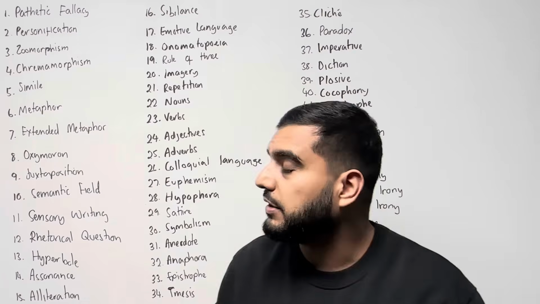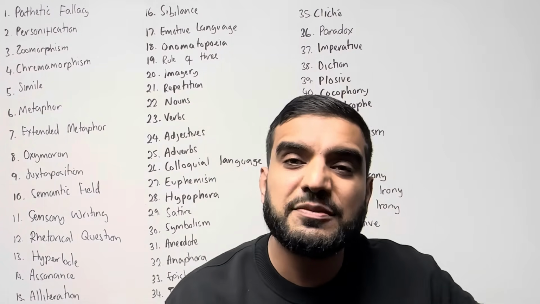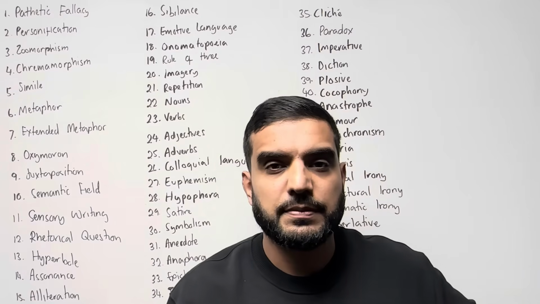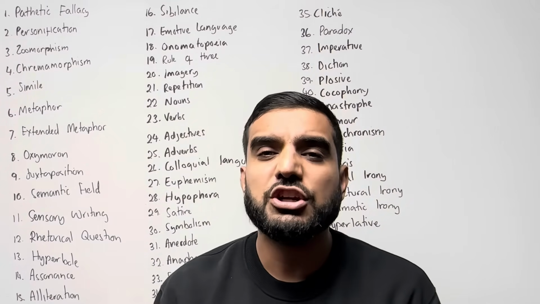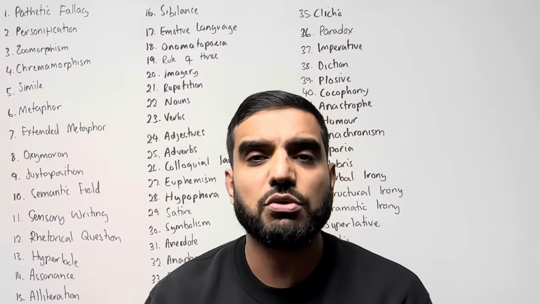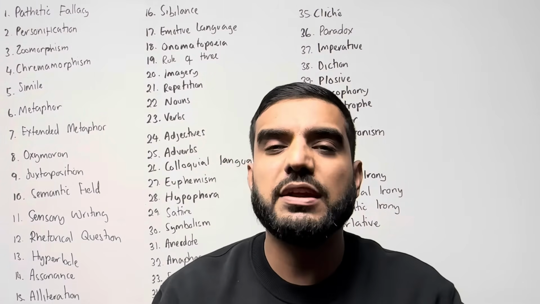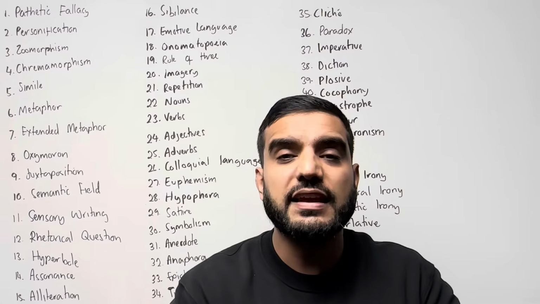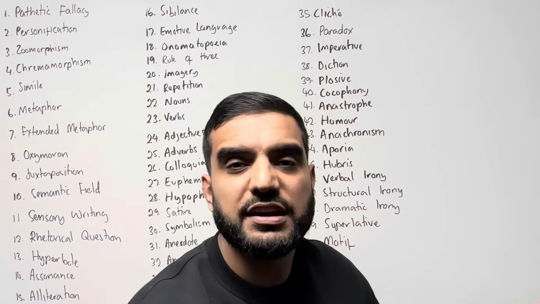Guys, number seven, extended metaphor. Easy peasy, it's when you explain the metaphor. It's a long metaphor. If you're using it in writing, try to make it last for about 3-4 lines. But it's when you explain the metaphor. So for example, if I said, John is a giant, I had never seen anyone this big in my entire life.